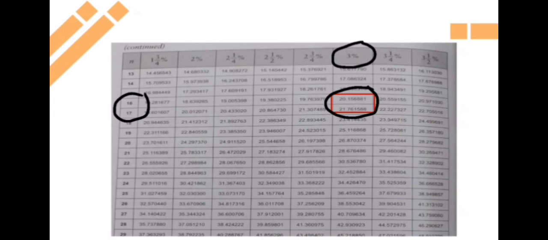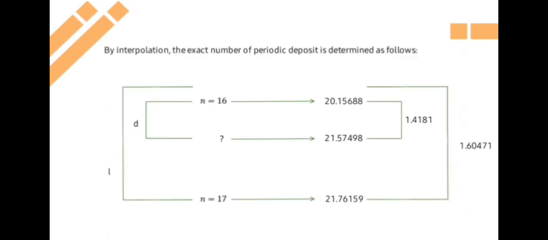So, since we could not locate the exact value factor we got, we will use the interpolation method. So, just like what we did earlier, by interpolation, the exact number of periodic deposits is determined as follows.